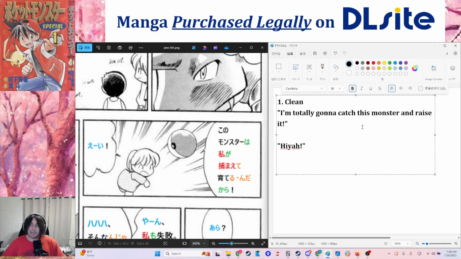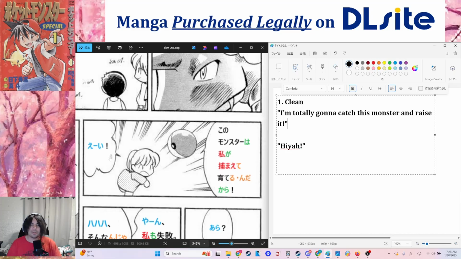Cleaning it up a little bit, I think the word because is a little bit unnecessary. Obviously, I'm not going to tell the Japanese how to speak their own language here, but when translating into English, I think the word because just doesn't even need to be here. So just, I'm totally going to catch this monster and raise it. Again, making this sound a little bit more like a kid, I think they would probably phrase it a little bit closer to something like this, and without the because, I think it just flows a little bit nicer.